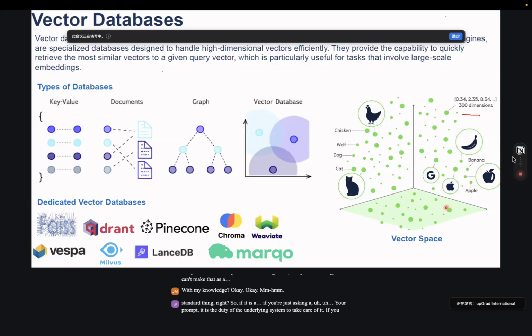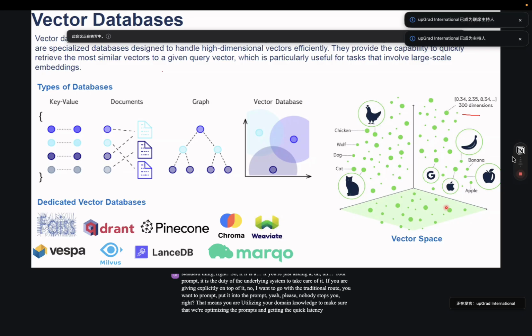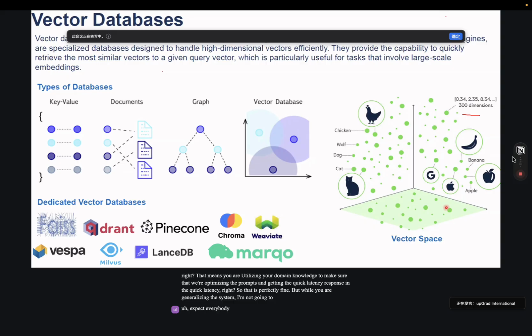If you are giving explicitly on top of it, no, I want to go with the traditional route, you want to put it into the prompt, yeah, please, nobody stops you. That means you are utilizing your domain knowledge to optimize the prompts and get a quick latency response. So that is perfectly fine. But while you are generalizing the system, I am not going to expect everybody to do it at that level.